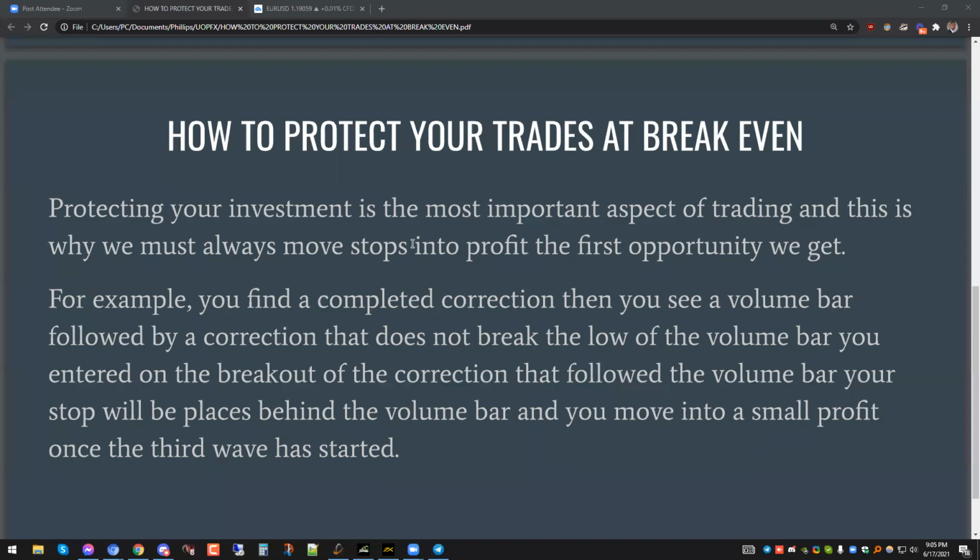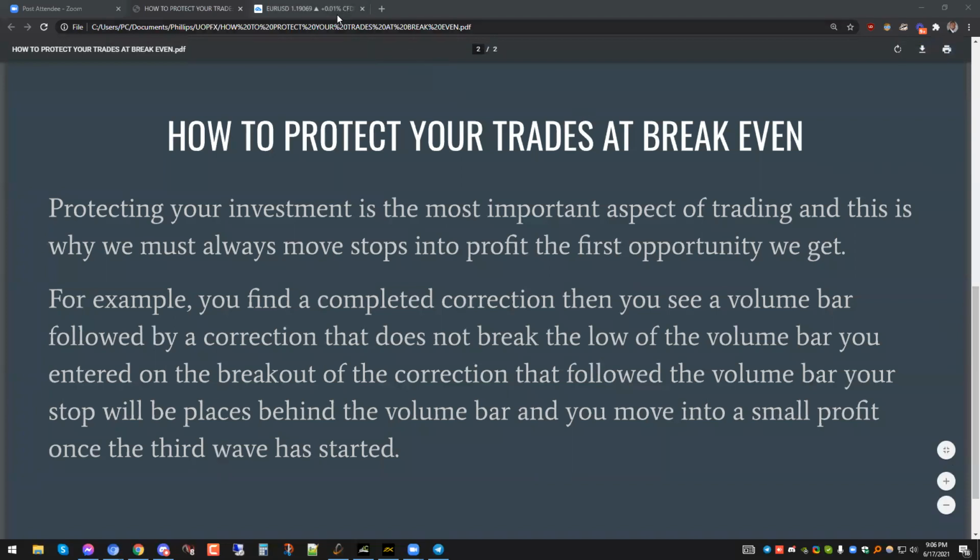So once the correction that came after the volume bar breaks out, let's say you're buying, you get a volume bar, you get a correction, you get that breakout from the correction, you are going to enter the trade and move your stop up into profit. So let's go to our chart and I'll try to show you guys how we go about doing this.